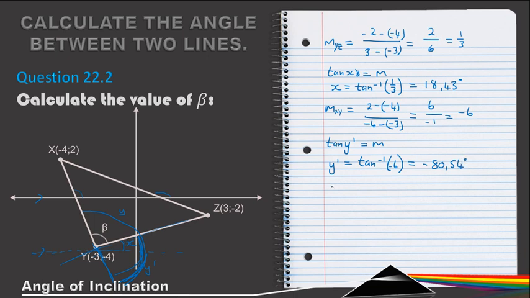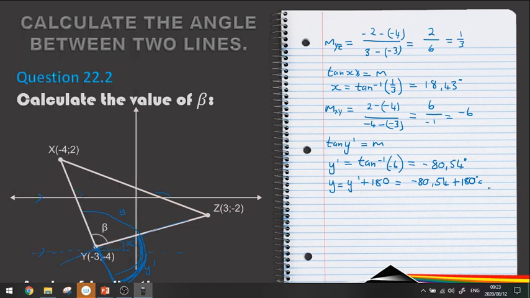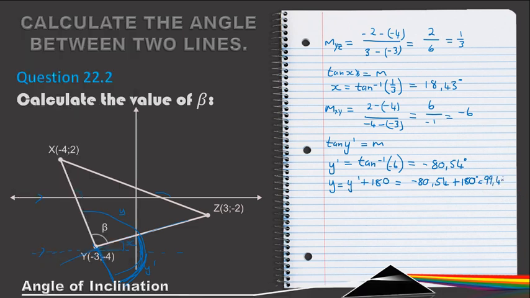Okay, so in order to get y, we need to say y is equal to y1 plus 180. So this is going to be -80.54 plus 180 degrees, and this gives me 99.46. Okay, right. So in this case, we have now found y1, we found y, we found x.